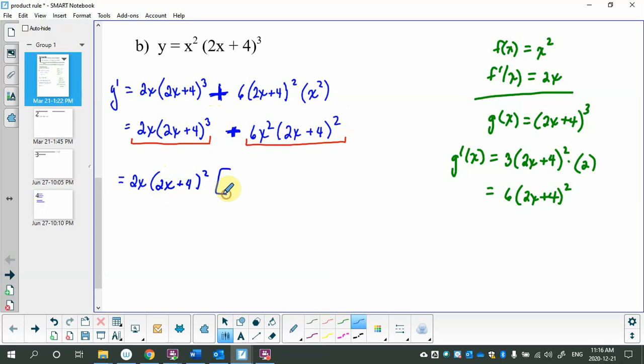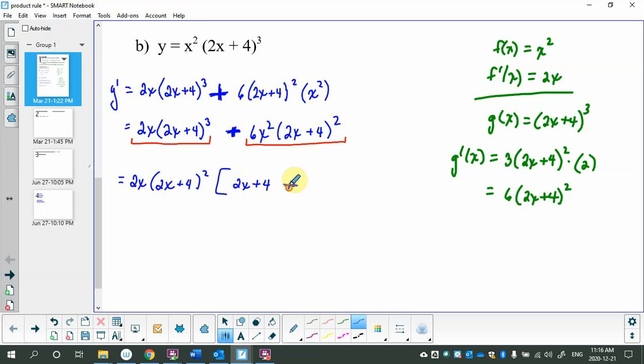And then in a square bracket, I can now tell you what's left. So you have to retrace your steps, as in we took 2x out of 2x, so it's not there anymore. We took 2 of these 2x plus 4 brackets out of 3 of them, so if I had a number, I would have to put it in a bracket, but I can just write down one of them here.